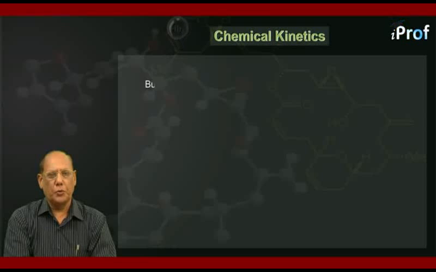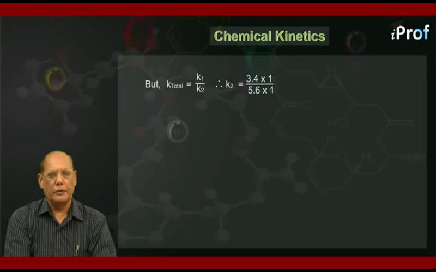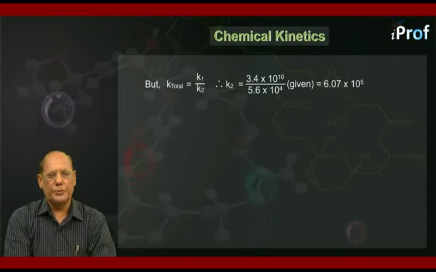But we know that K total is equal to K1 upon K2. Therefore, K2 will be equal to 3.4 into 10 to the power 10, this is given, divided by 5.6 into 10 to the power 4. Solving this gives 6.07 into 10 to the power 5, and that becomes the answer of this question.